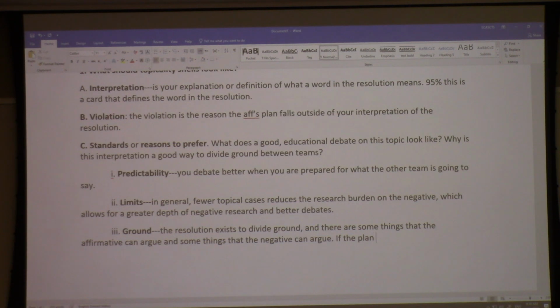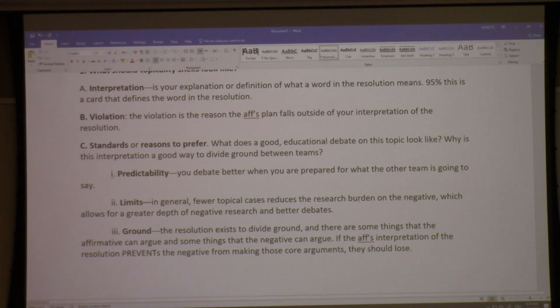If the opposing interpretation of the resolution prevents the negative from making those core arguments, they should lose.